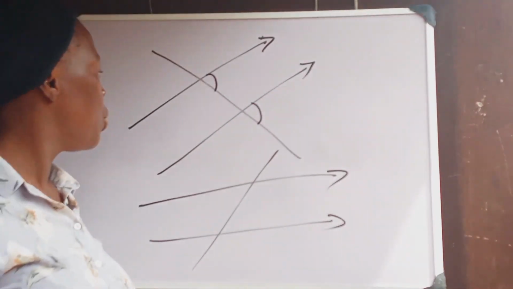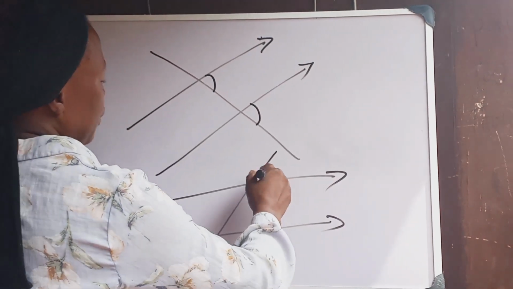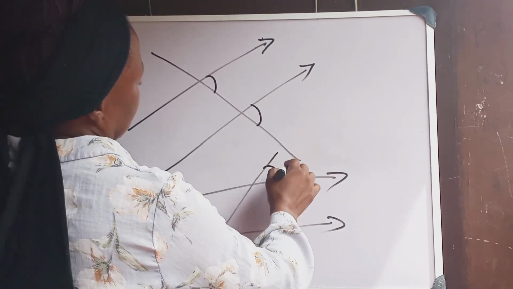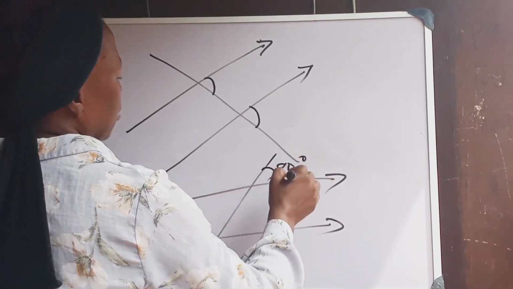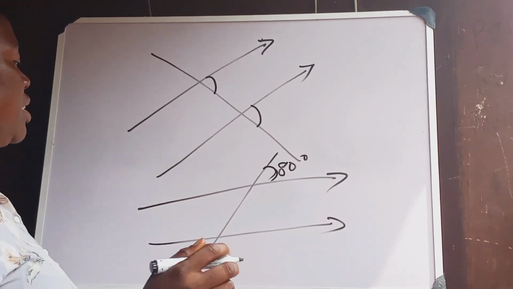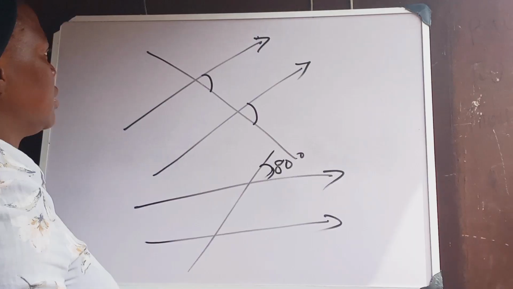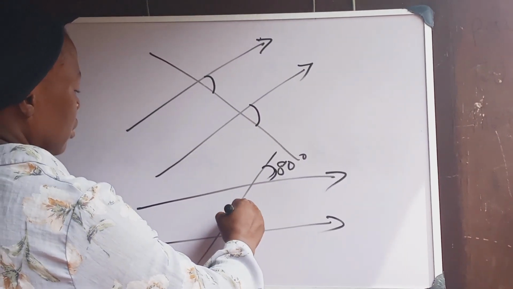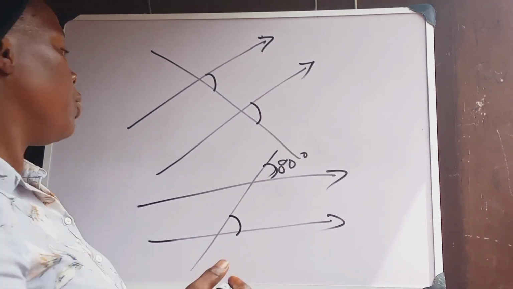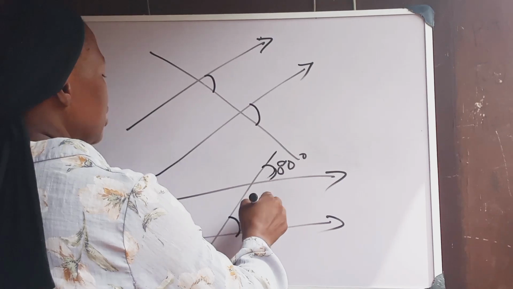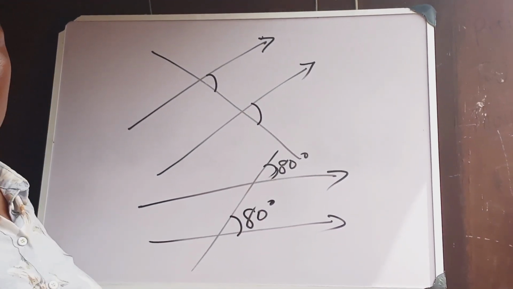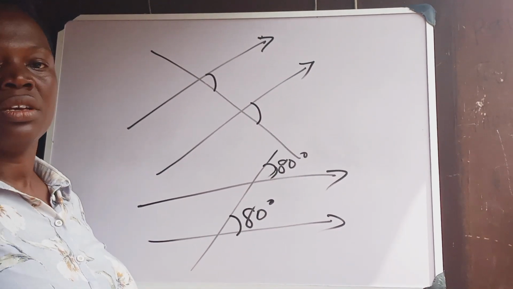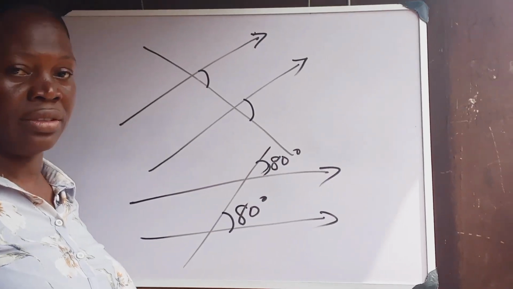For example, if you are given 80 degrees here, bear it in mind that the next angle to be here will also be 80 degrees. You cannot change it. It's a theorem, it's a fact.